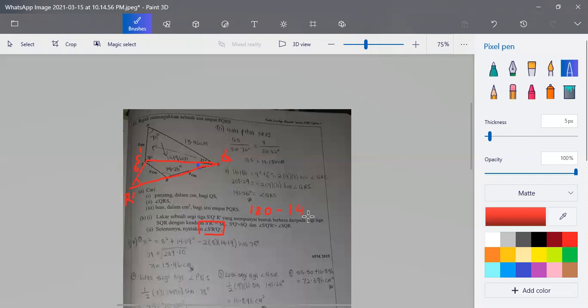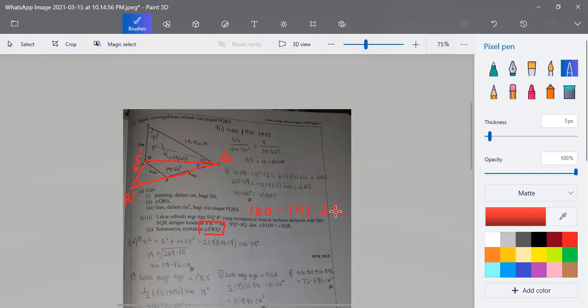So the first reason is because if you were to do this using the sine rule, you would get the angle a positive value. Sine R would be a positive value.